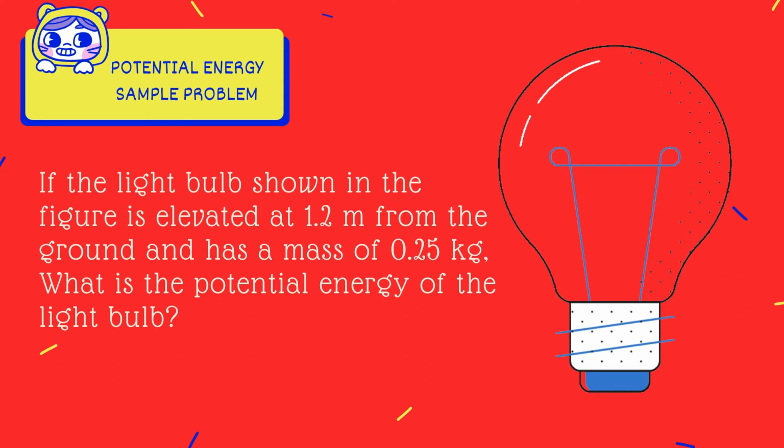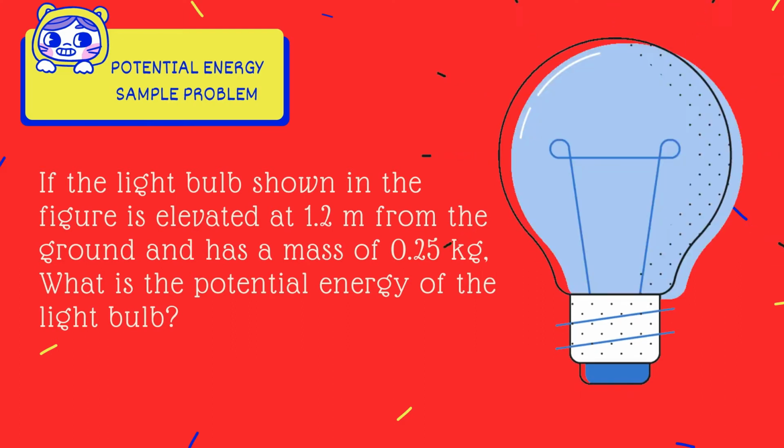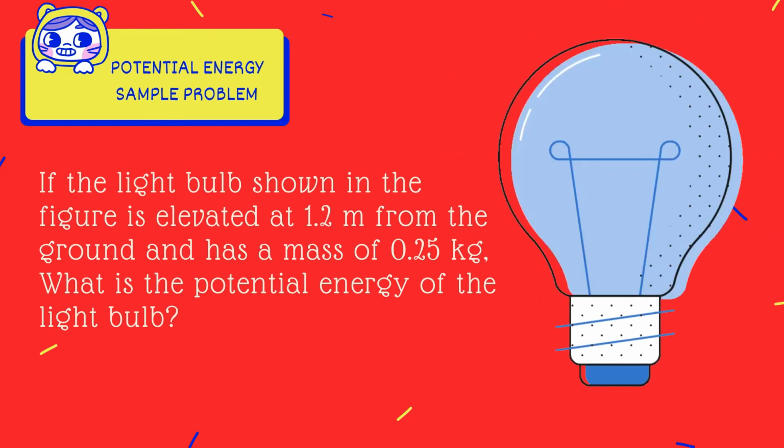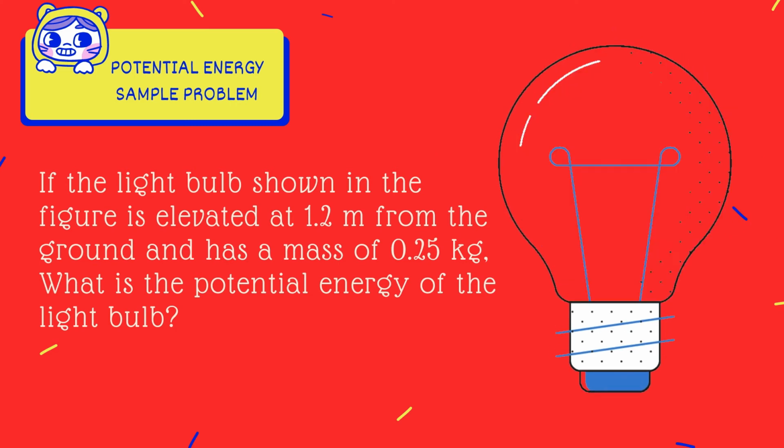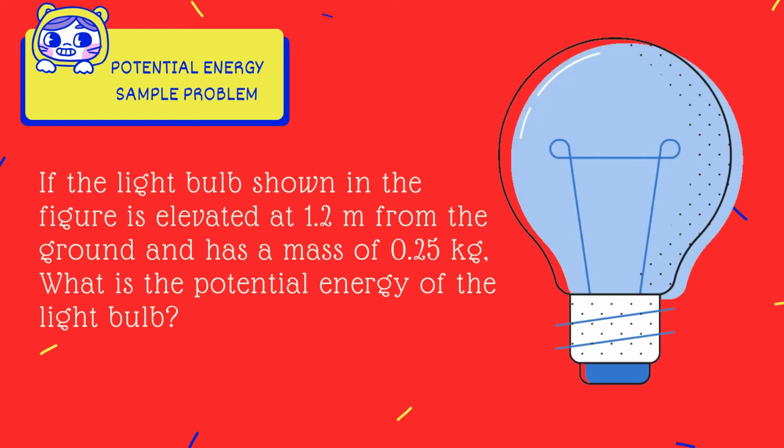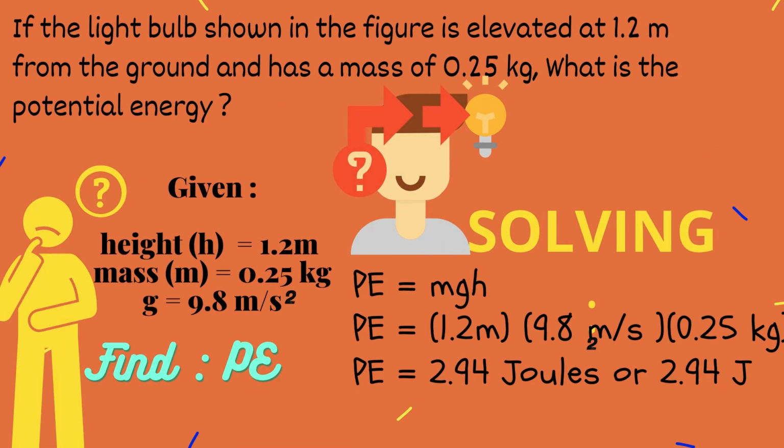If the light bulb shown in the figure is elevated at 1.2 meter from the ground and has a mass of 0.25 kilogram, what is the potential energy of the light bulb? And this will be the answer.